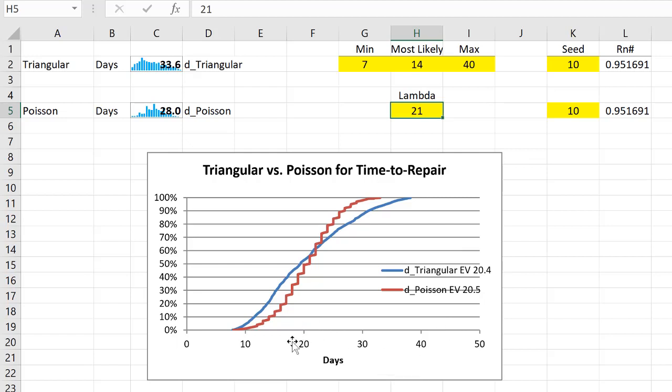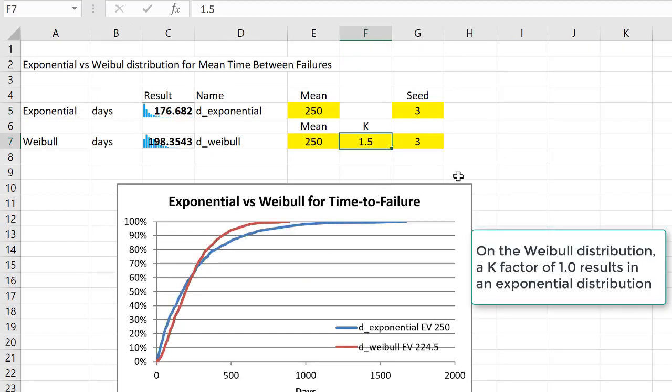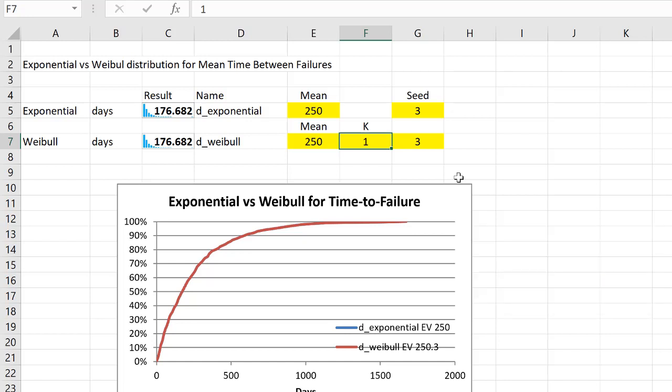But with the Poisson, this is the days to time to repair. It's going to be a little bit longer early on, but then I don't have the downside long repair times. If I made this a 1, it identically equals the exponential distribution.